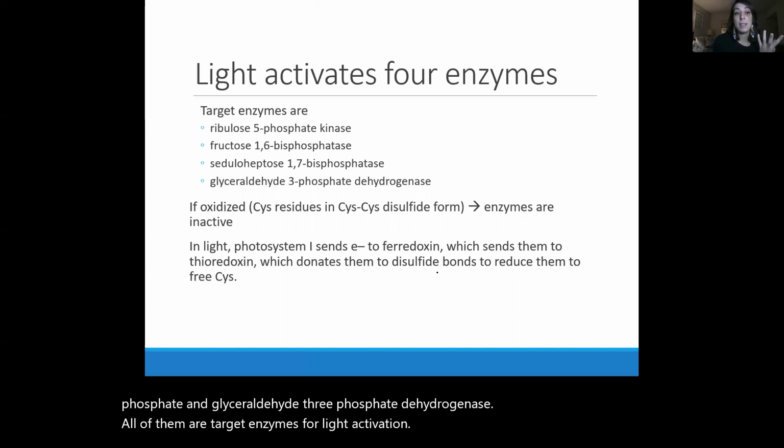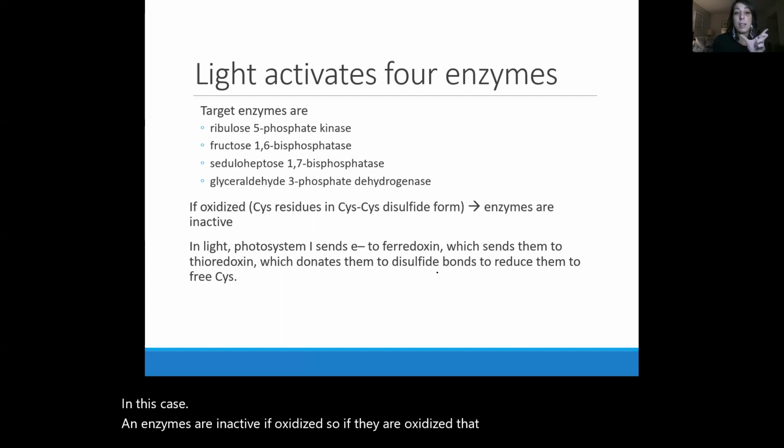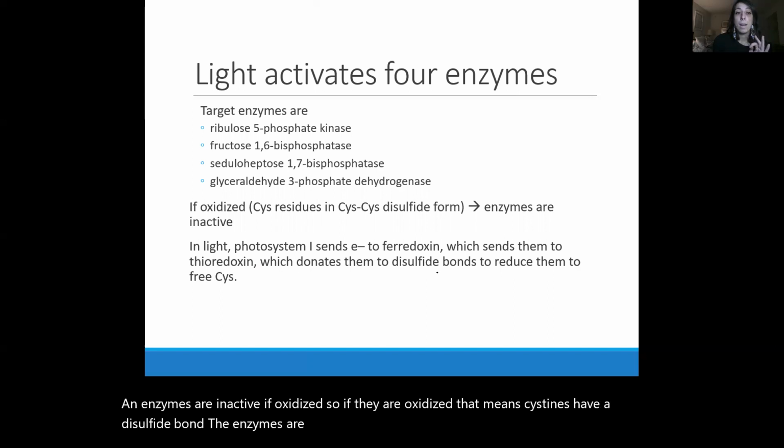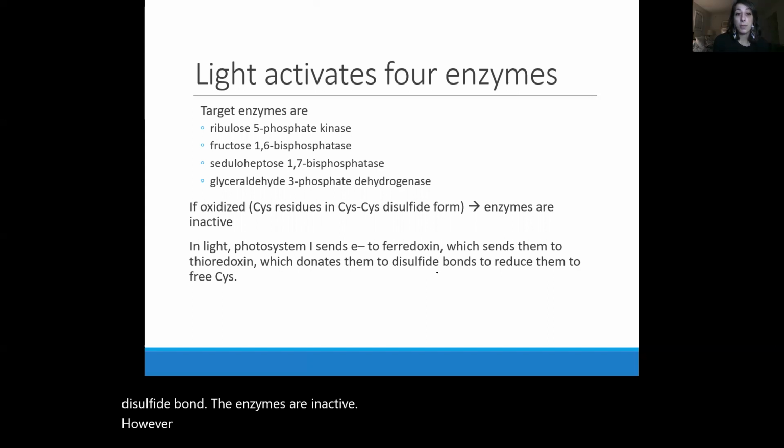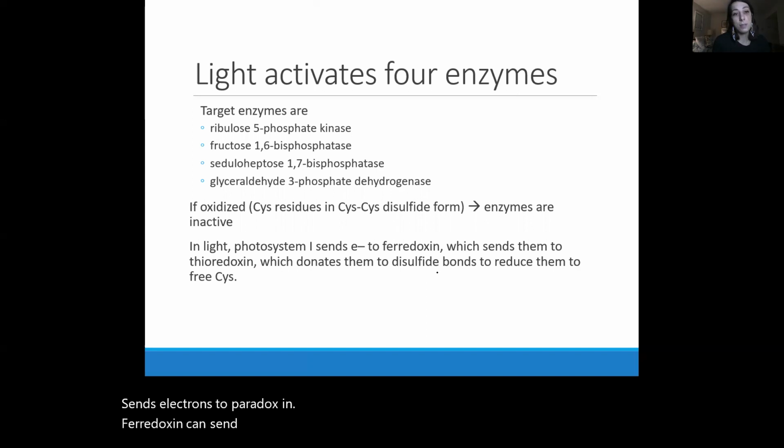In this case, enzymes are inactive if oxidized. If they are oxidized, that means cysteines have a disulfide bond, and the enzymes are inactive. However, in light, photosystem 1, if you remember, in the last stage sends electrons to ferredoxin. Ferredoxin can send these electrons to thioredoxin, which ultimately breaks these bonds, activating these enzymes.